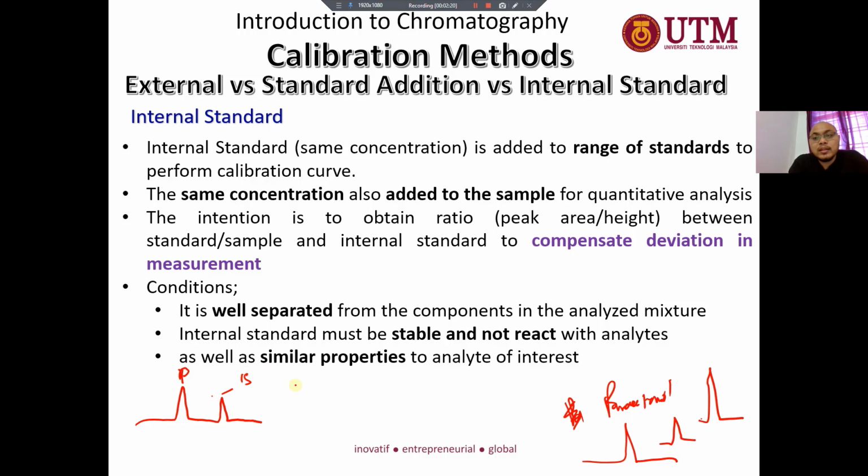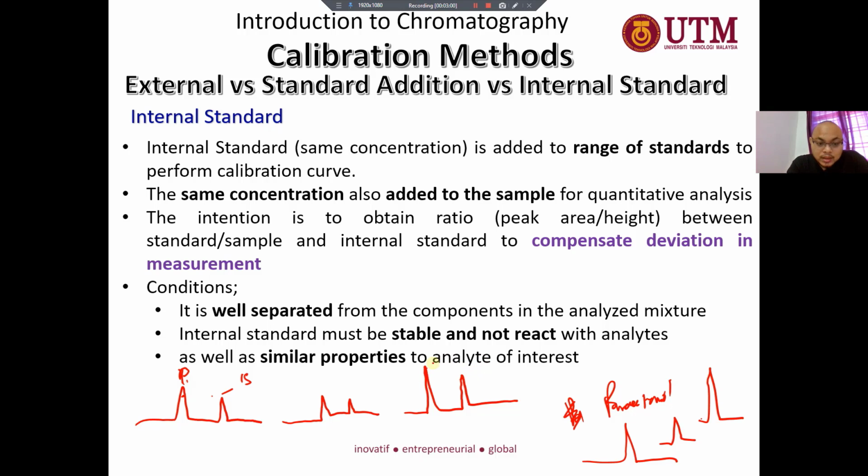So let's say the instrumentation fluctuates. When the paracetamol peak reduces, the internal standard will also reduce. If the peak of the paracetamol is increasing, so is the internal standard. So the ratio between the standard and the internal standard should be the same, even if we have the problem of fluctuation of the instrumentation reading.